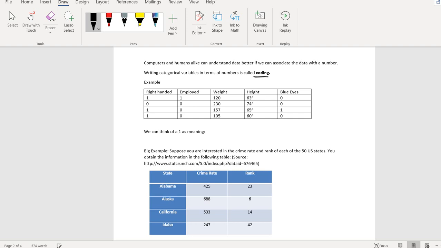Same thing here. Instead of saying blue eyes, brown eyes, green eyes, maybe we're only interested in the number of blue-eyed people, so we use 0 for no and 1 for yes. So 1 can be thought of as a yes. You can also code using 2s or 3s. Usually you'll see it as a yes or no answer though.